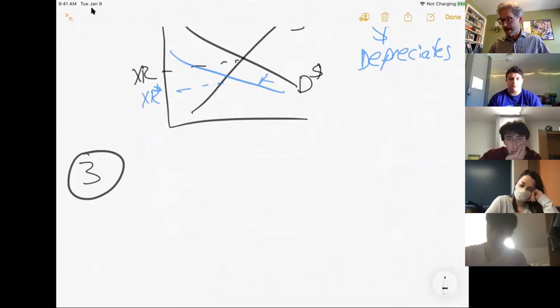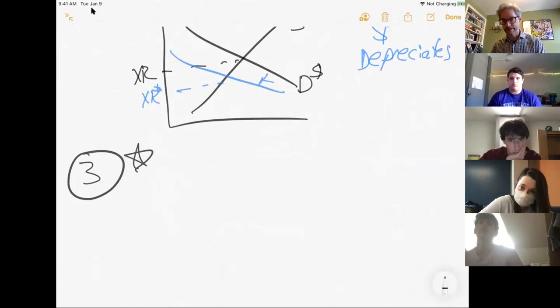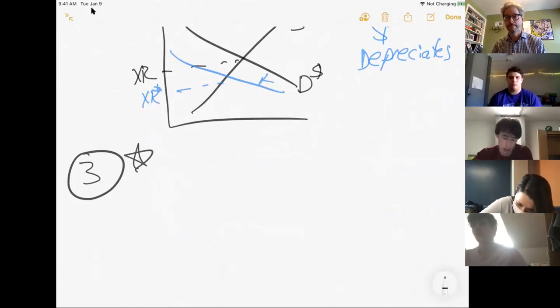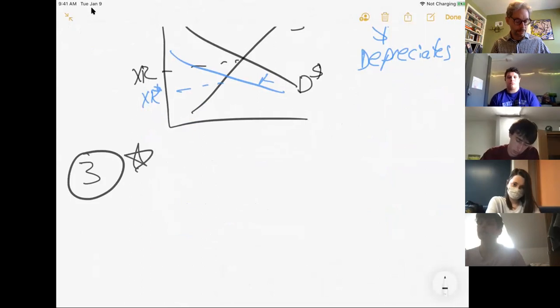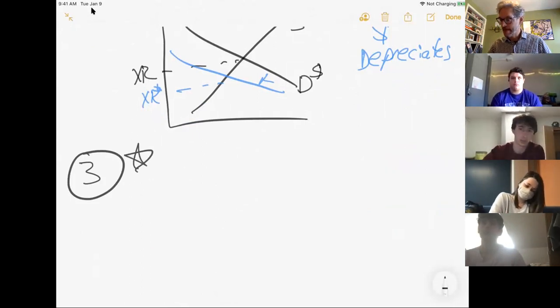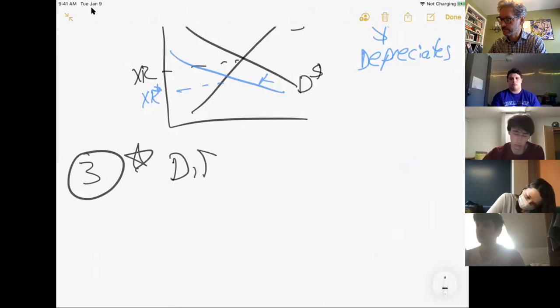The third factor, and by the way, I want to be clear, there are lots of different things that could impact exchange rates, but I want to really focus on three. We've talked about interest rates, we've talked about risk, but then there's a very important one, and of all of them, this is probably the most important, and that is differences in inflation rates.